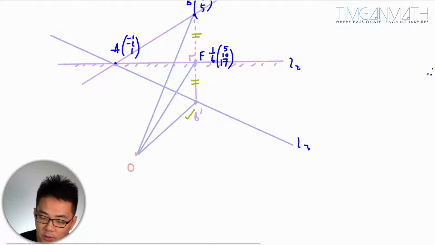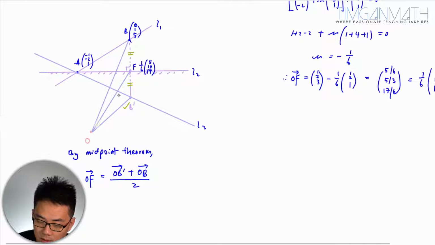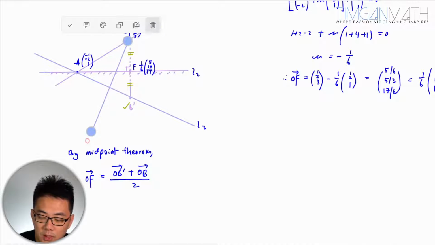So in this case here, by midpoint theorem, we know that OF is OB prime plus OB over 2. So you take this middle one, then the sides add up together. Actually it's just ratio theorem. You take the side, cross multiply the ratio here, and you just add the ratio up. So I'll prefer you to use O as well, because it's easier. Then you don't need to go and find A.